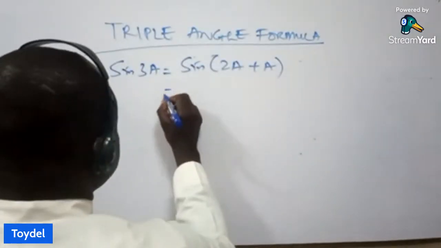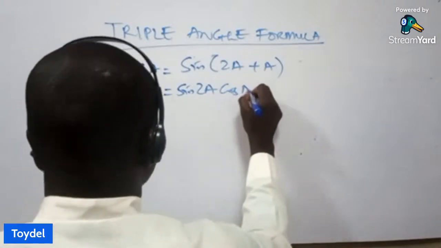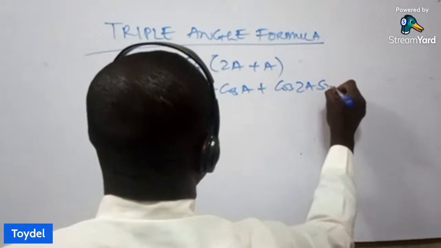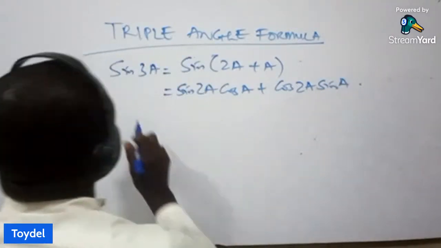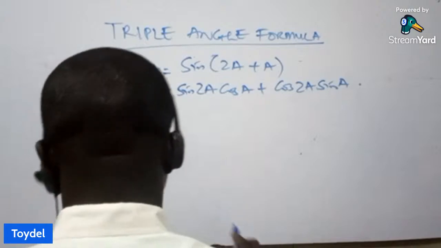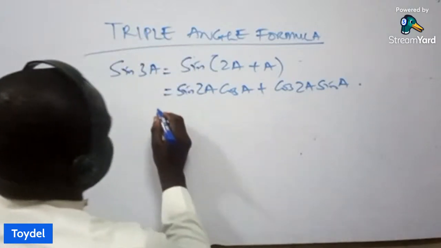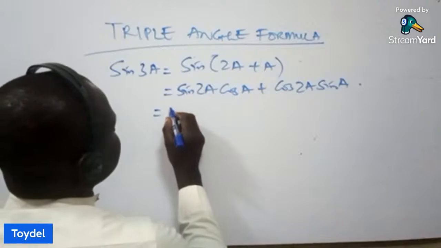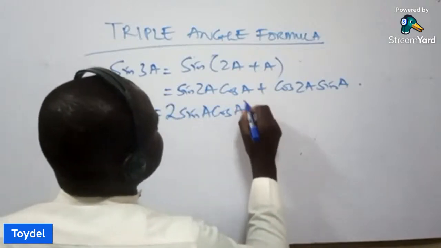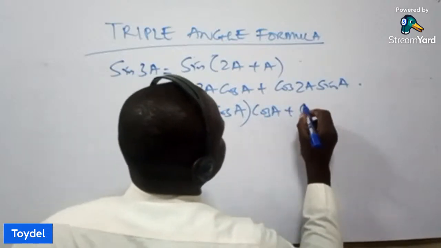So that when we express this, we have sine 2A cos A plus cos 2A sine A. Of course, we rewrite everything in form of sine. So that sine 2A is 2 sine A cos A, then multiplied by cos A, plus cos 2A.